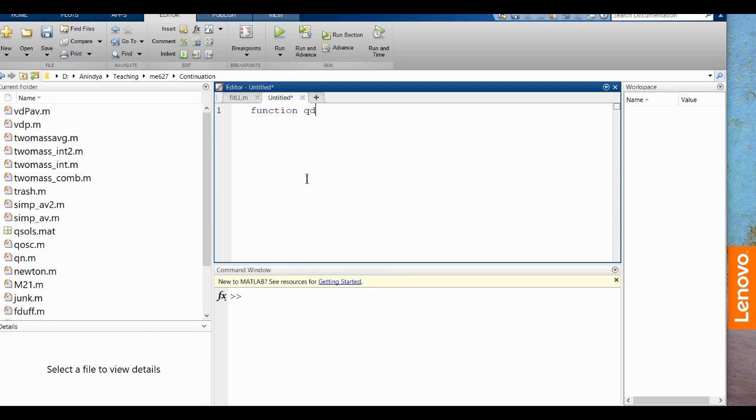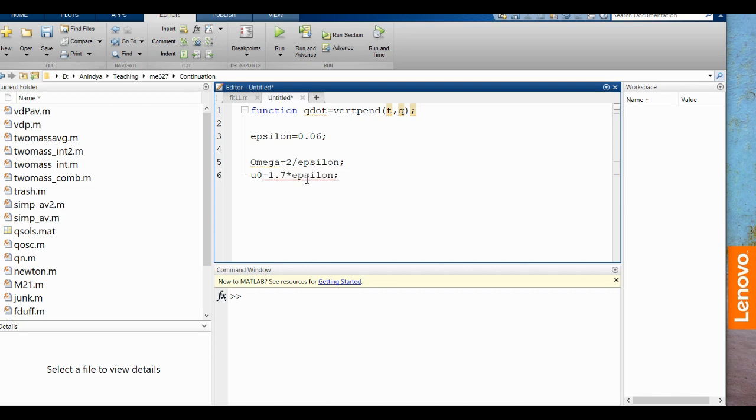Function q dot equals vertpend, for vertically driven pendulum, t, q. Now what I'm going to do here is use epsilon equals 0.06 or something, some number, and then I'll say capital omega is equal to 2 by epsilon. So you can see that it is a rapid excitation, and I will say u0 is equal to, let us say, 1.7 times epsilon.